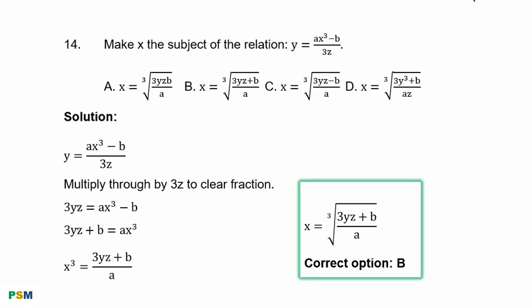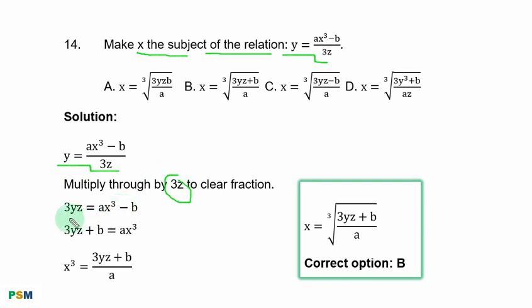Question 14. Make s the subject of the relation y equal to as cubed minus b over 3z. Solution. This is the given relation. First, clear the fraction by using 3z to multiply through.